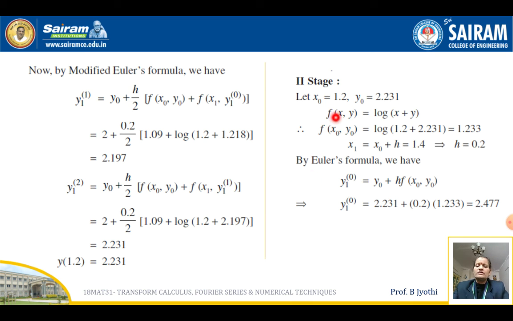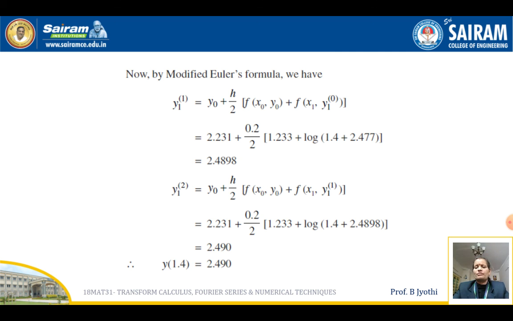As usual, we consider f of x y to be this and f of x naught y naught will be this. And by using the Euler's formula, y1 of 0 is this, y naught plus h f of x naught y naught. After substitution of all the values, we get 2.477. And later, this value will be used to compute y of 1.4 by using the modified Euler's formula.